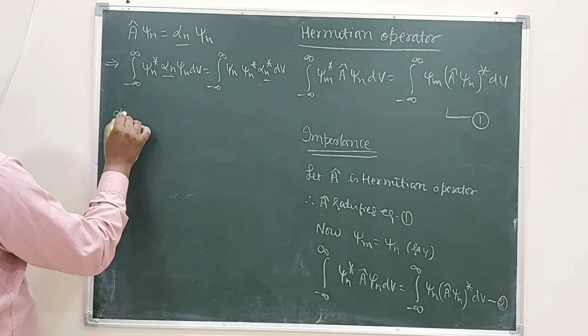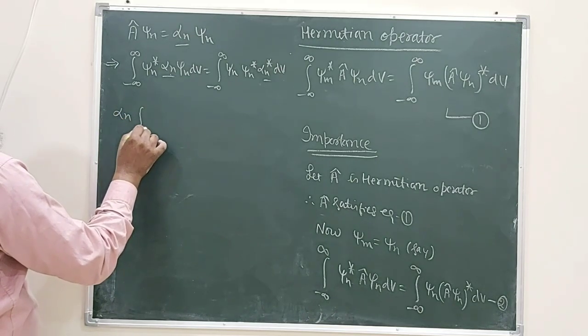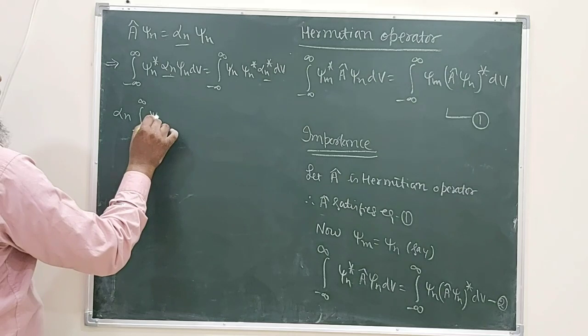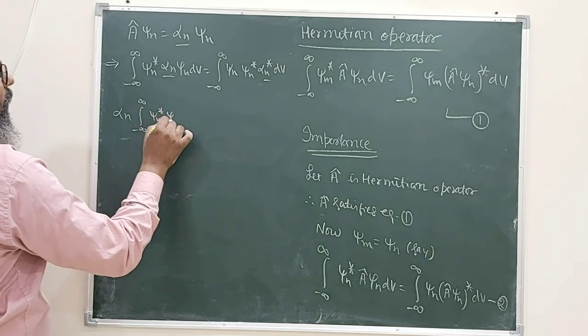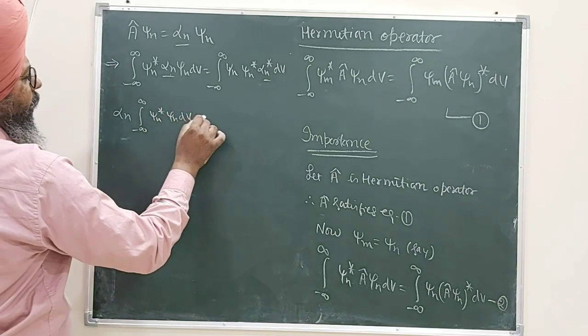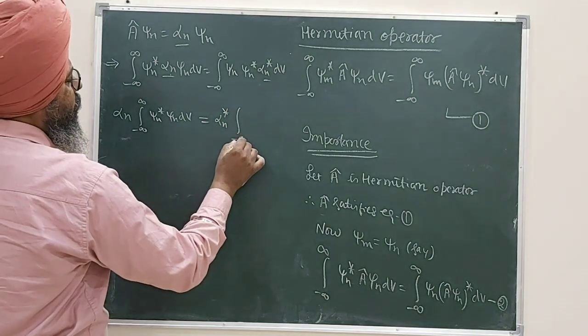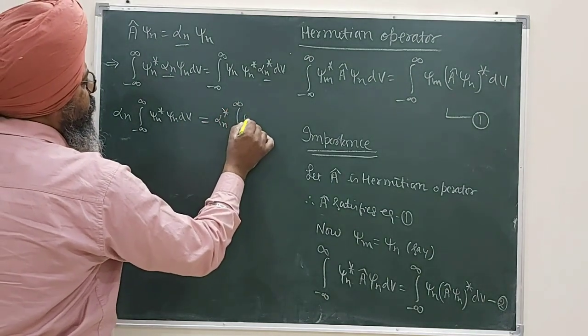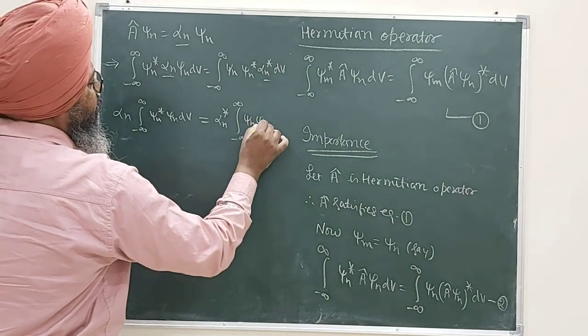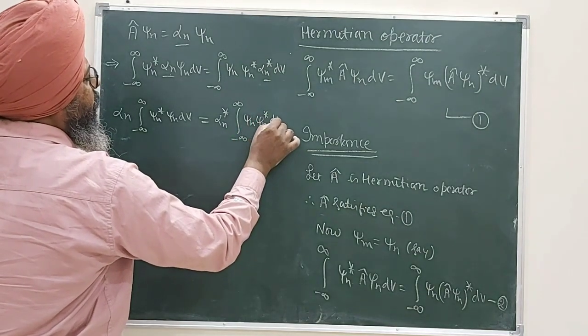So it will be alpha n integration minus infinity to infinity psi n star psi n dv, and it will be equal to alpha n star integration minus infinity to infinity psi n star psi n dv.